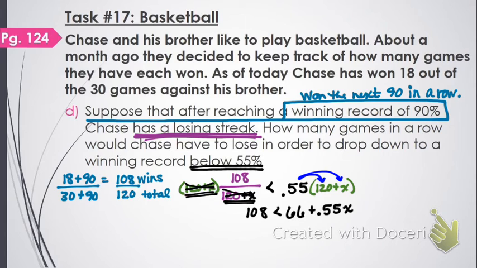So I'm going to subtract 66 from both sides. What would that give me then? 42. Oh, not equals. We have a less than 0.55x. Where to from here?